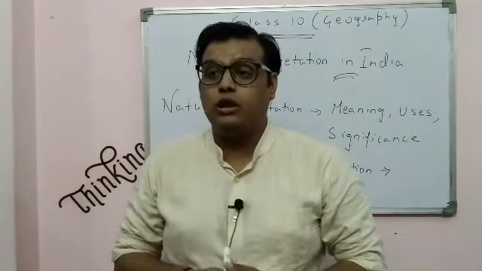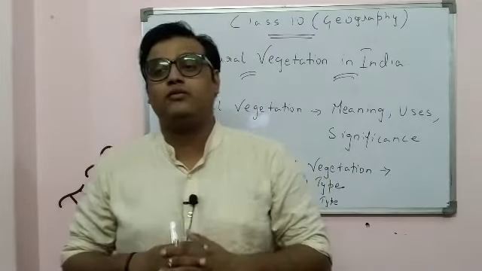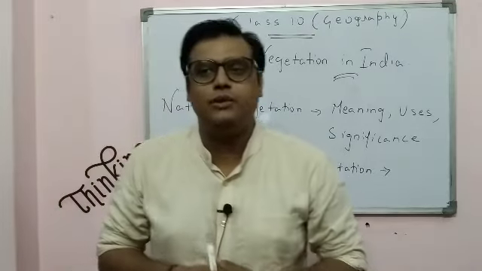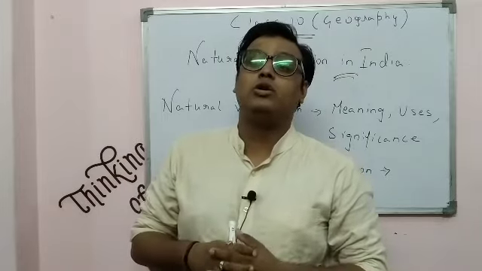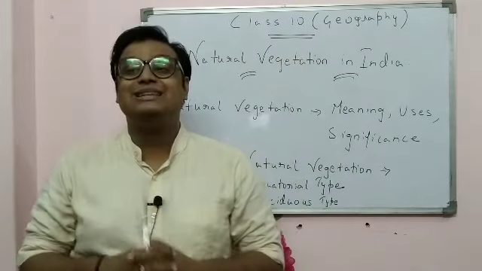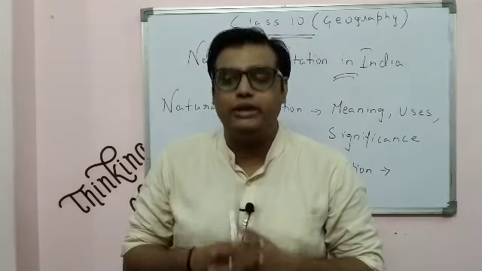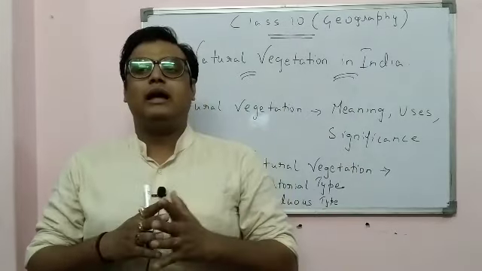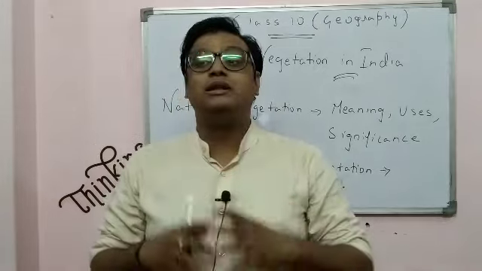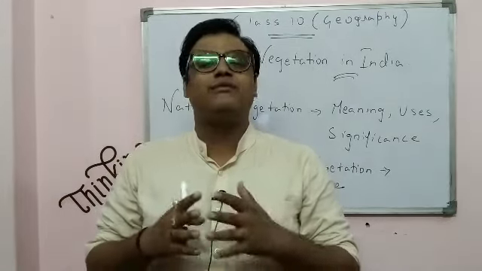So first, there is a variety of animals and forests found in India. First of all, we'll talk about the most important forest found in India, the equatorial type of forest. In this chapter you have to remember the different names because the names are very important.